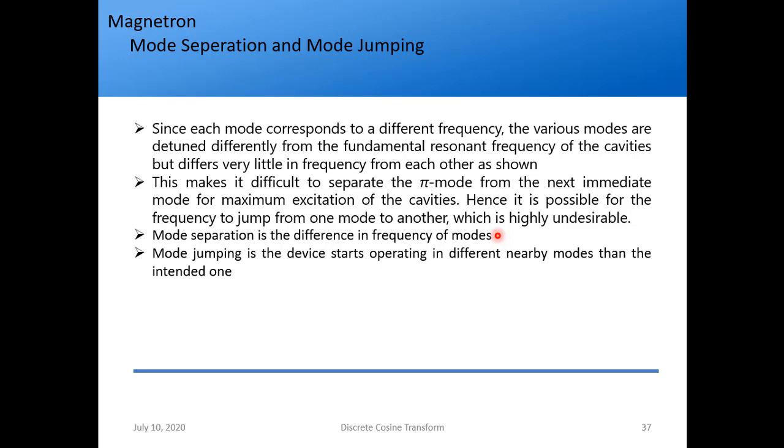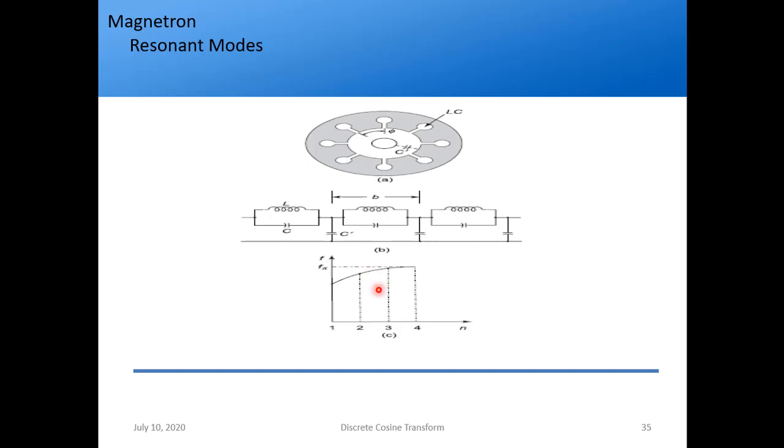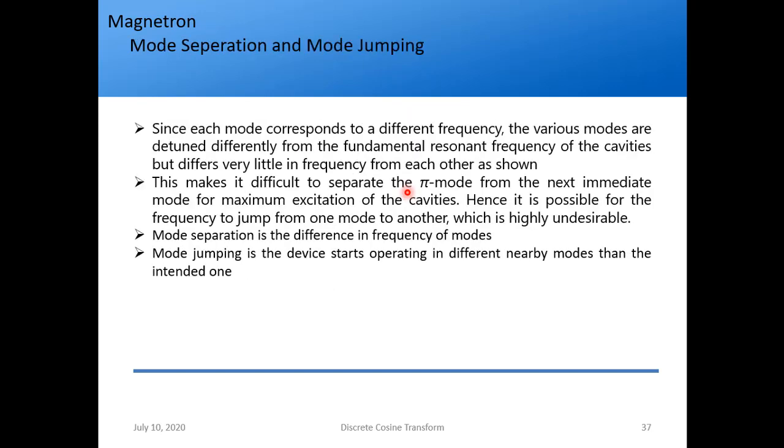And what is mode jumping? That the device starts operating in different nearby modes than the intended one. For example, we might want to operate the device in pi mode, but the different cavities will have different resonating frequencies, so it will not operate exactly in pi mode. That is called mode jumping.